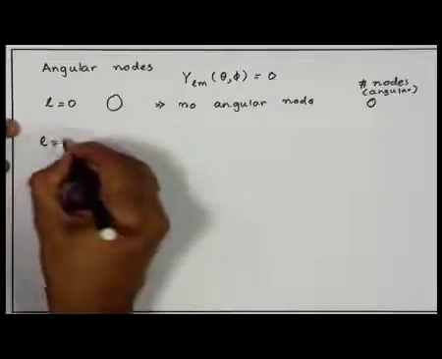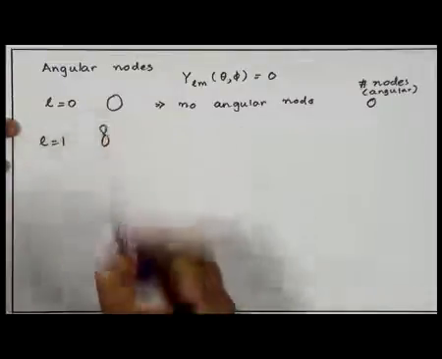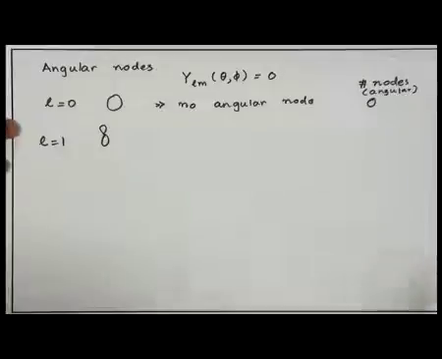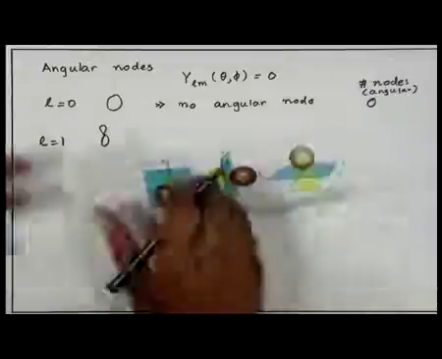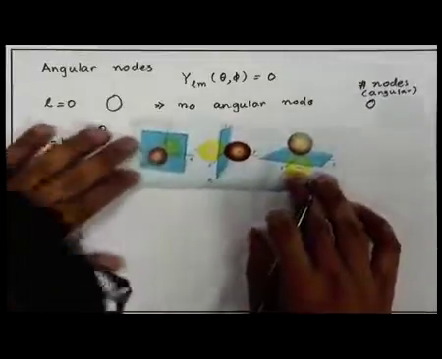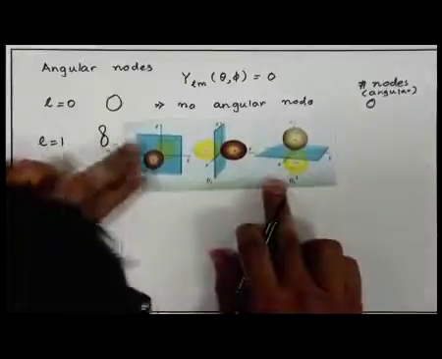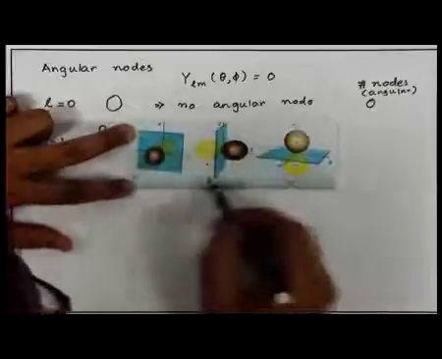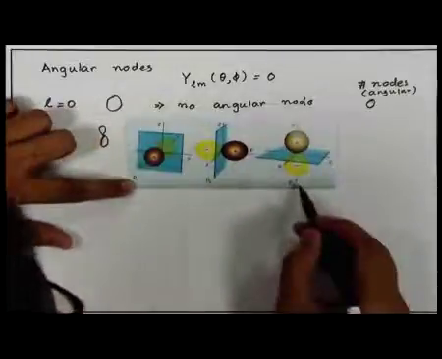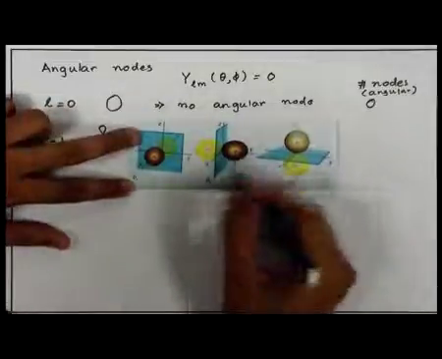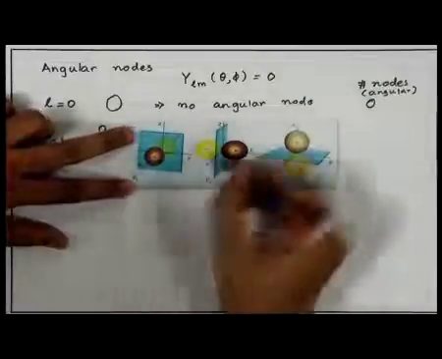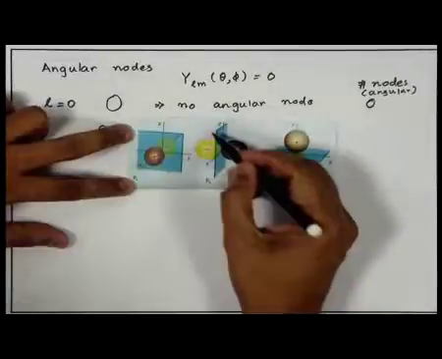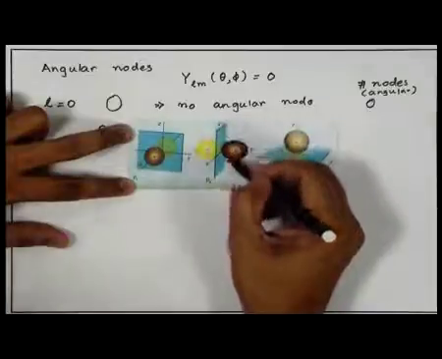When L is 1, we know the shape is like this. If you look at the px, py, pz orbitals that we have already shown, the lobes you can identify, and what is shown here is a plane where the probability density becomes 0.